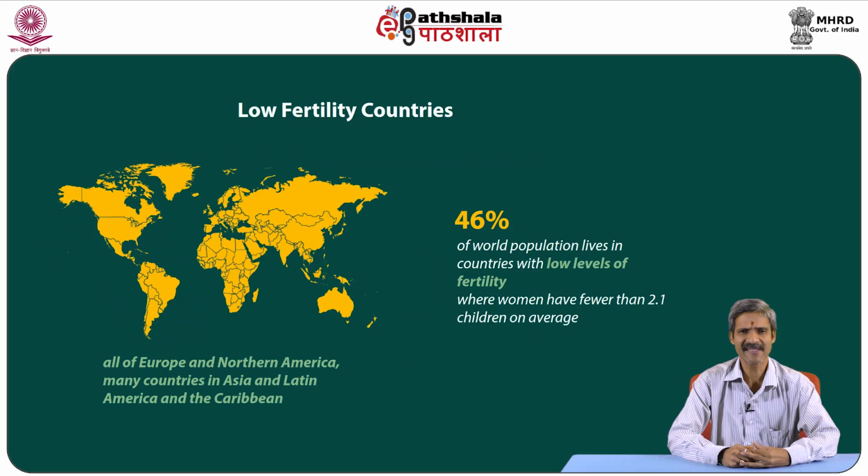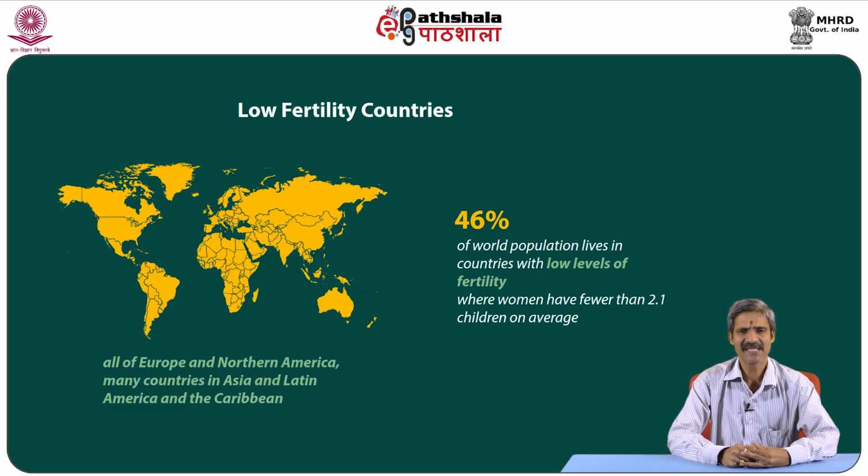If we categorize the countries on the basis of fertility levels, the first category could be low fertility countries. About 46% of the world's population lives in countries with low levels of fertility, where women have fewer children.